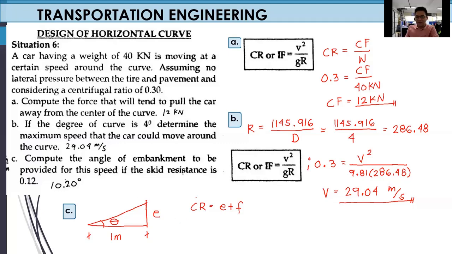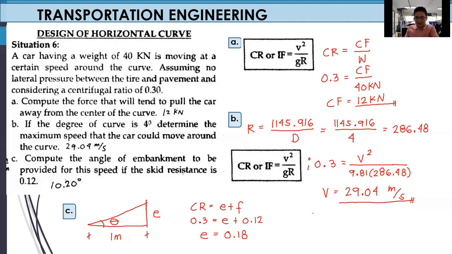Okay ba? So, CR natin or yung ating centrifugal ratio is 0.3. E natin is our unknown and yung friction natin or skid resistance is 0.12. So, by using a calculator, we can compute that our E is equivalent to 0.18. And then yung 0.18 yun yung gagamitin natin to solve this triangle. Diba? So, ayan. We will be using tangent kasi opposite over adjacent.